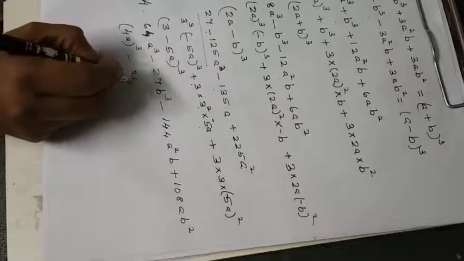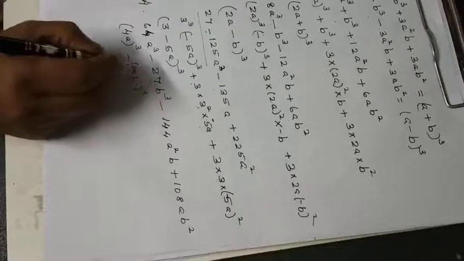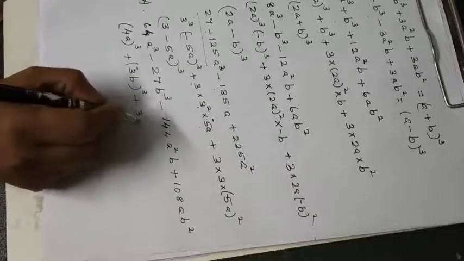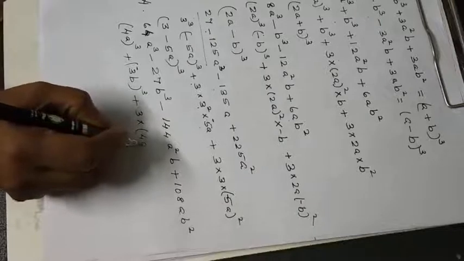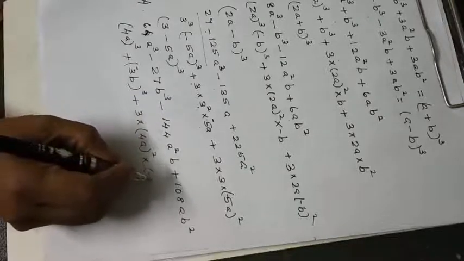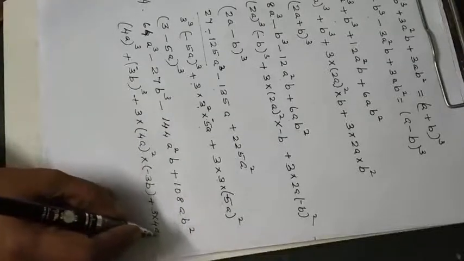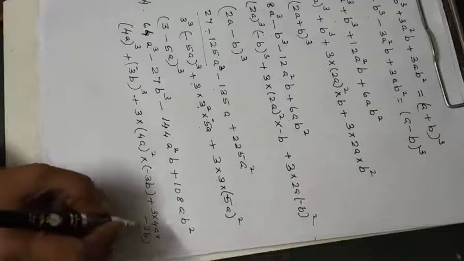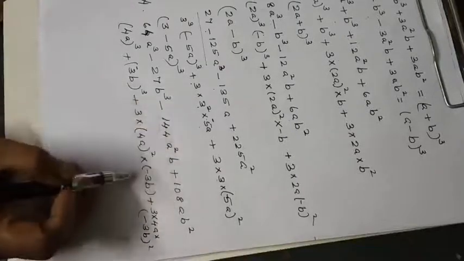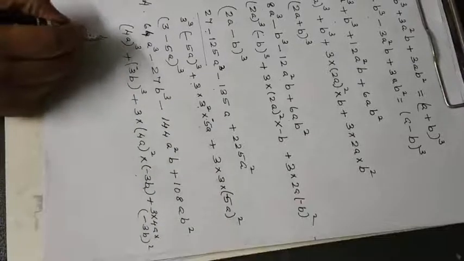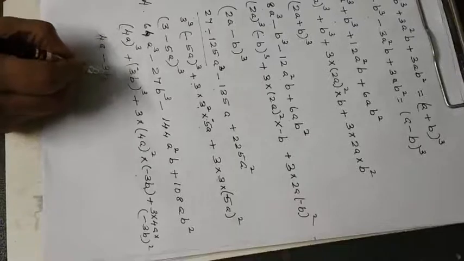Then 3b the whole cube, minus 3b the whole cube. Now 3 into 4a square into negative 3b, then 3 into 4a into negative 3b the whole square. So you can check that one, whether 144 comes or 108 comes or not. So it will be 4a minus 3b the whole cube.